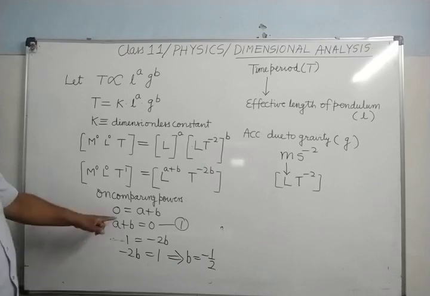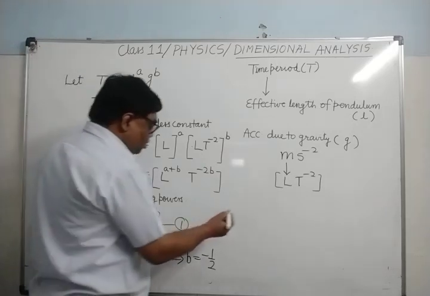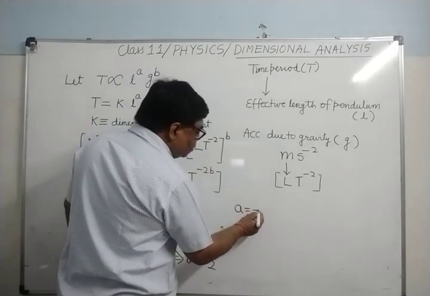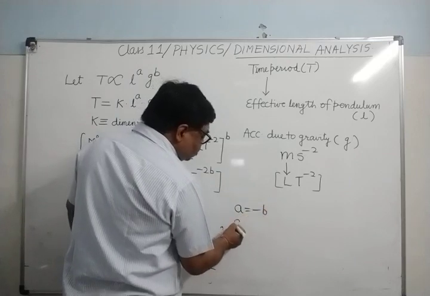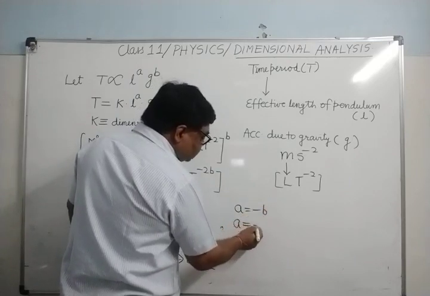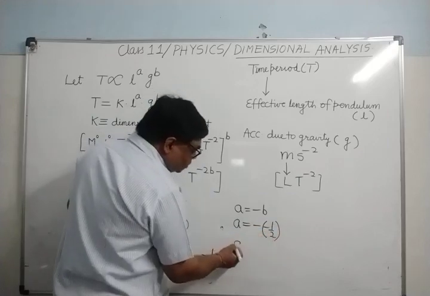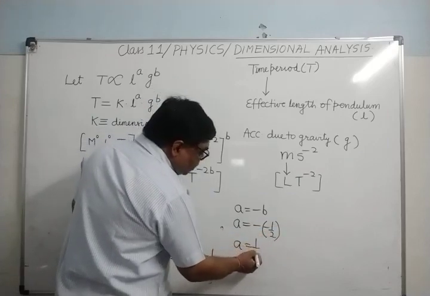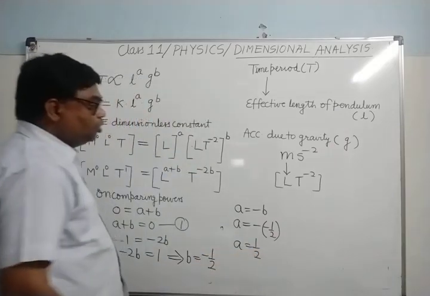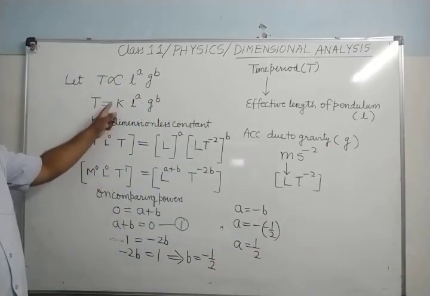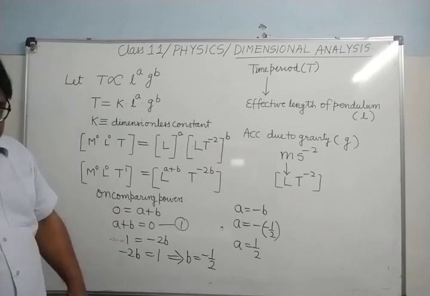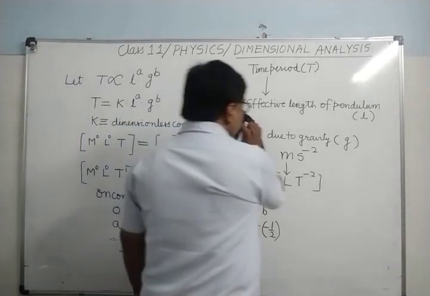Now determine A from equation 1: A equals minus B, so A equals minus of minus 1 by 2. Minus minus is plus, so A equals 1 by 2. Now substitute these values here. What will you get?